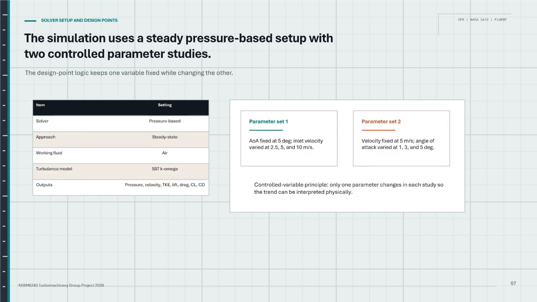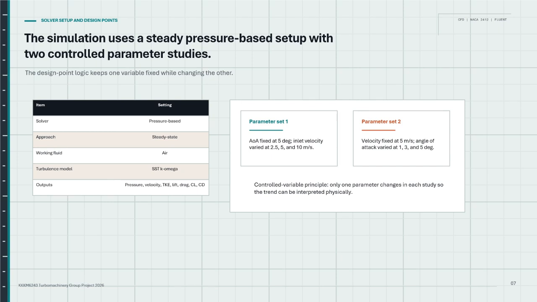The simulation uses a steady pressure-based setup with two control parameters. The design point log keeps one variable fixed while changing the other. The solver uses a pressure-based approach, steady state, working fluid air, and the SST k-omega turbulence model, with outputs of pressure, velocity, TKE, lift, and drag.